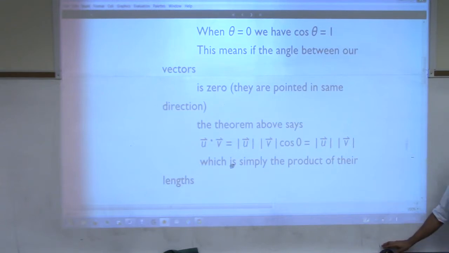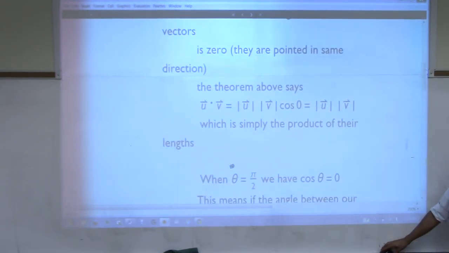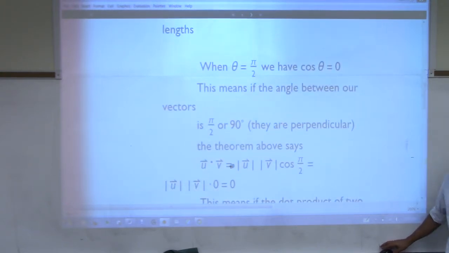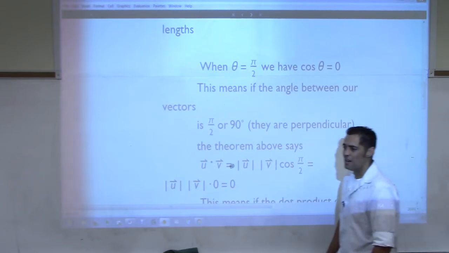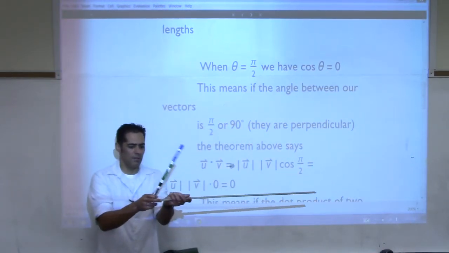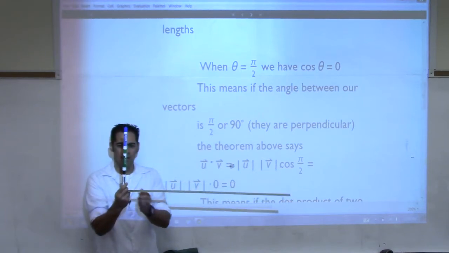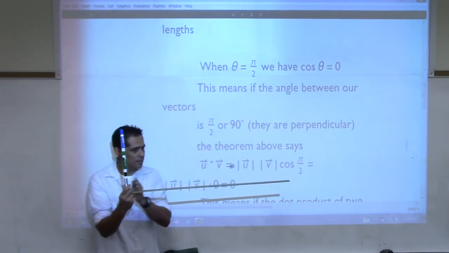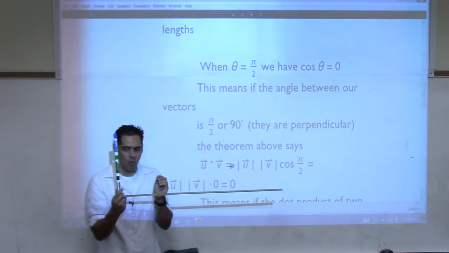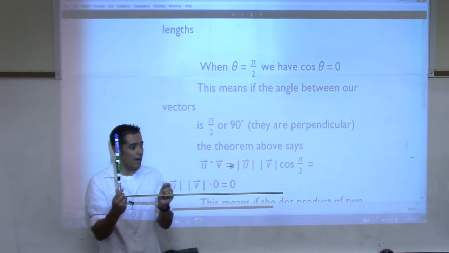Yes? So if the angle's at 90? Yep, exactly. I think you're seeing it. What happens if the angle is pi over 2? 90 degrees. Cosine of pi over 2 is 0. And that means that if your vectors are perpendicular to each other, right, then the dot product should spit out what number? 0, right?